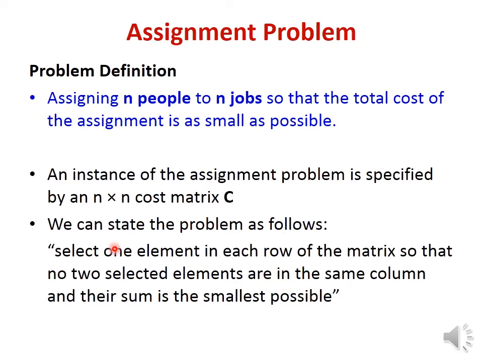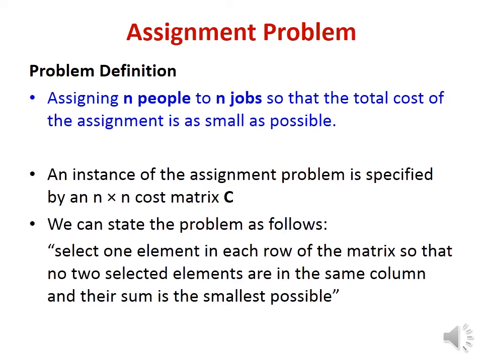So from each row and each column, we need to select one position. It means one person is assigned only one job, and one job can be done by only one person. So from the cost matrix, select elements meeting this criteria, and the sum of these values should be as small as possible.